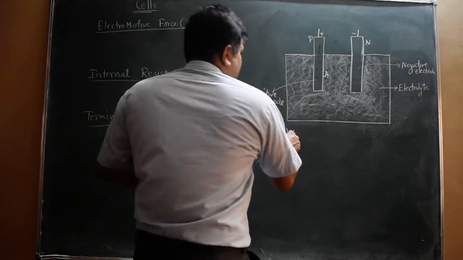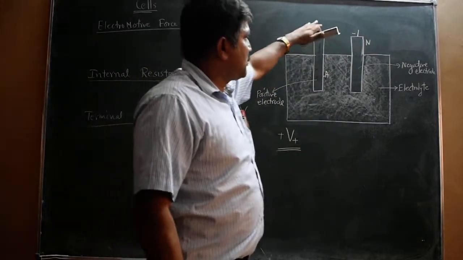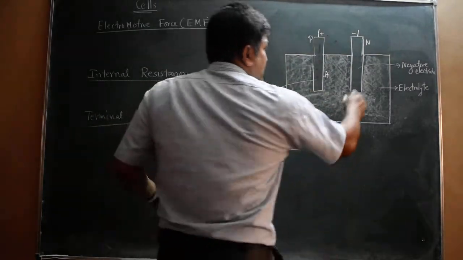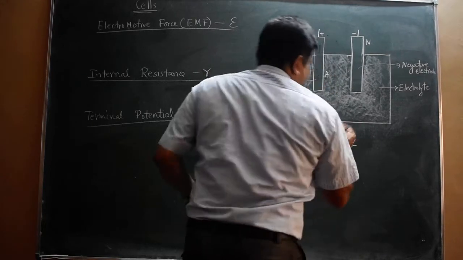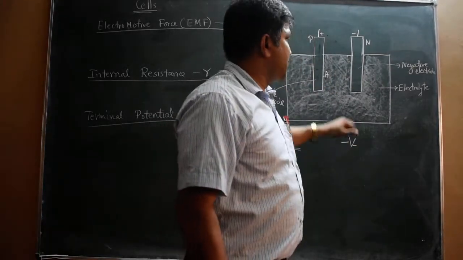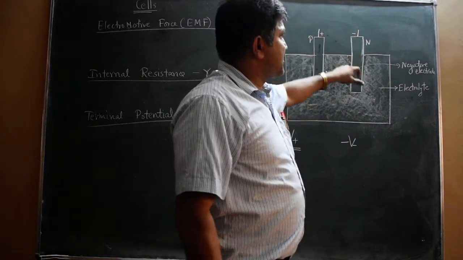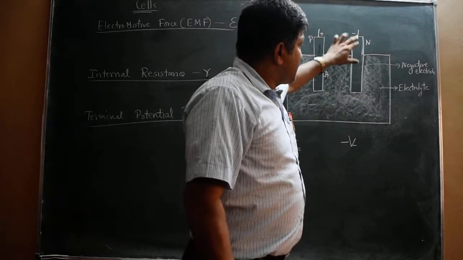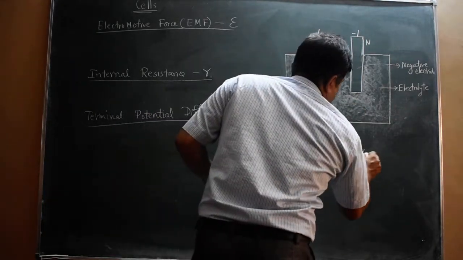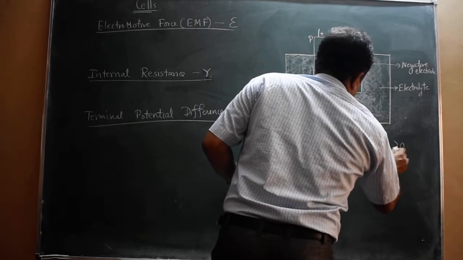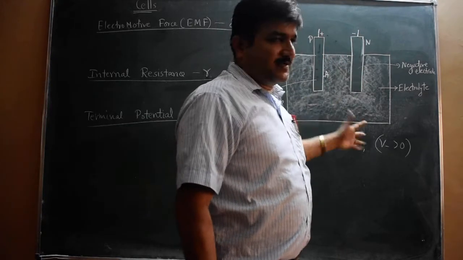That is the potential developed by the positive electrode because of the positive ions present on it. Whereas the negative electrode will have a potential of minus V minus, because only negative ions are present on the surface of the negative electrode. So the potential on the negative electrode will be negative: minus V minus. Actually, V minus is a positive number, certain 5 or 3 or something like that.